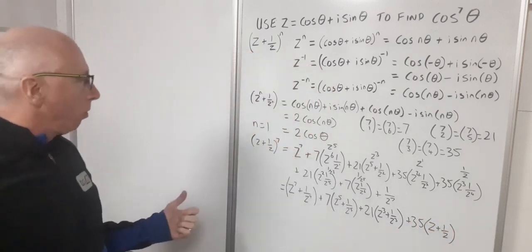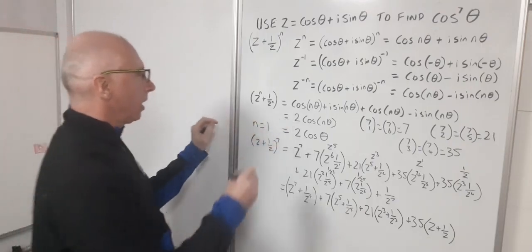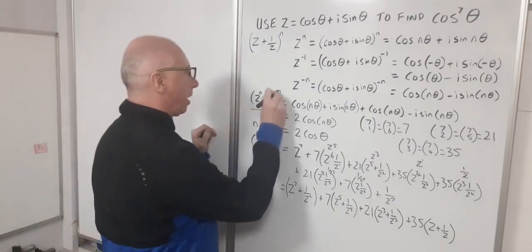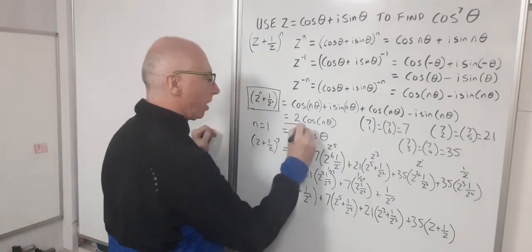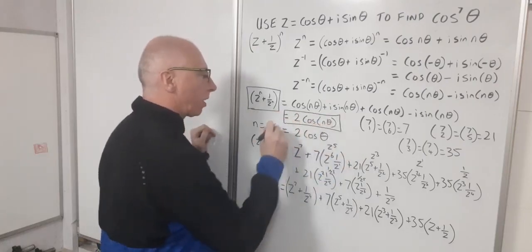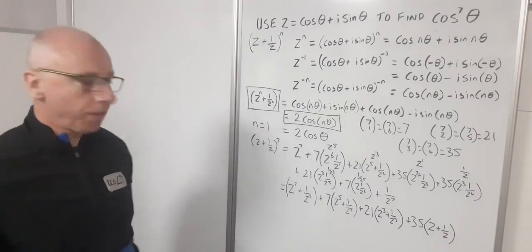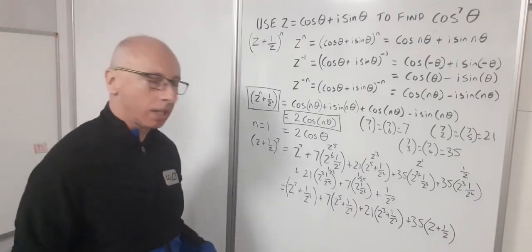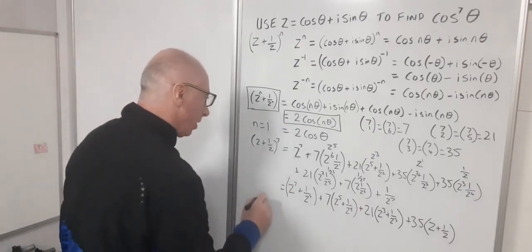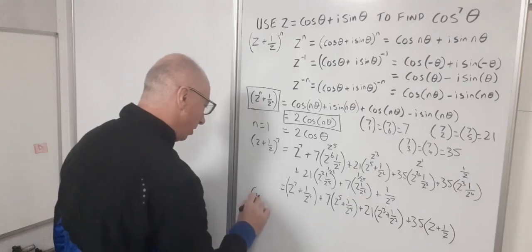Okay, right. Well, now I can use this identity here that we worked out before. That's coming really useful. So now I can just plug in 2 cosine n theta, depending on what my index is. So let's do that. So now I've got z plus 1 over z to the power of 7.